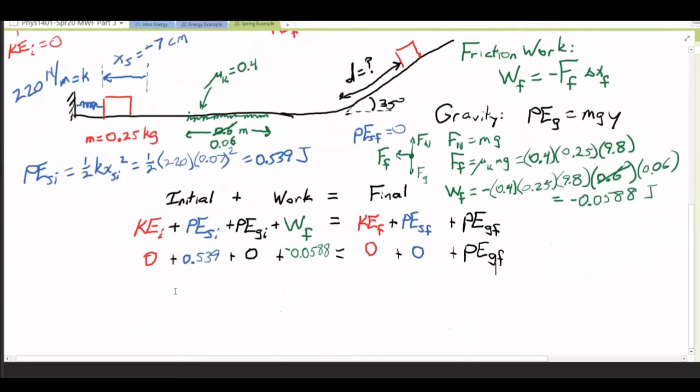So now all I have to do is take my 0.539 minus 0.0588, which is 0.4802. That is going to be my potential energy due to gravity final value.